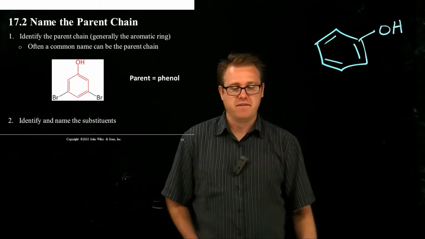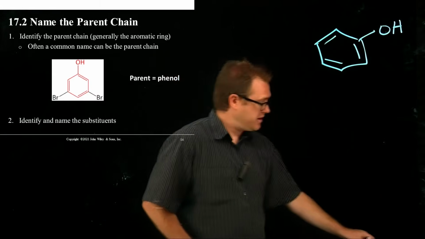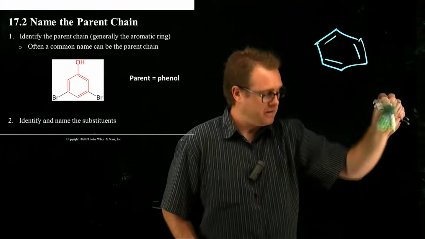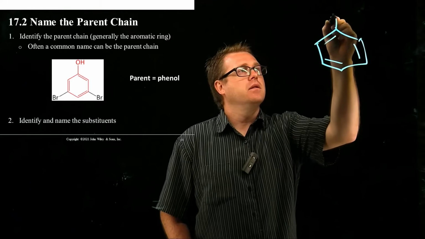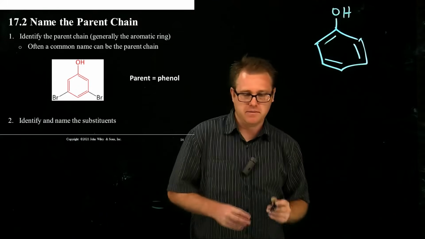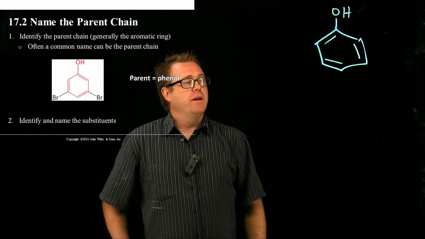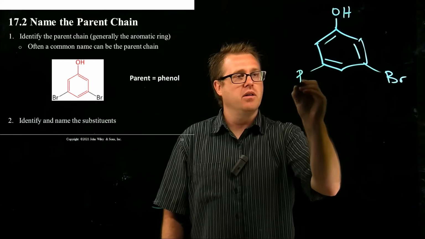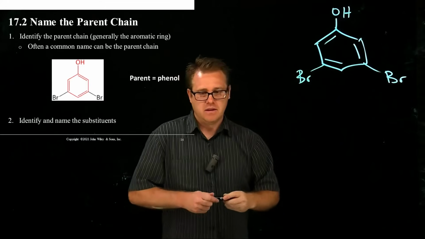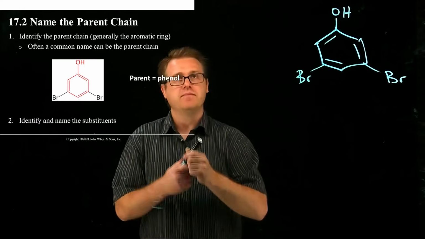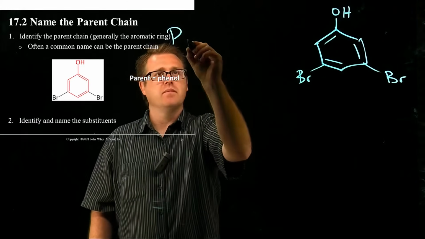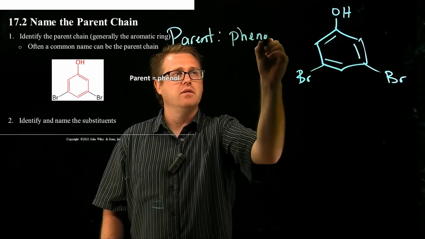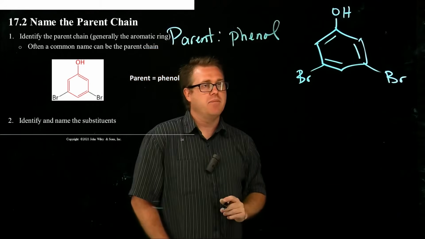And then attached to that phenol, you see 2 different substituents, the bromine. So we've identified that there is a common name for this molecule. So the parent name is our phenol. That's our step 1.